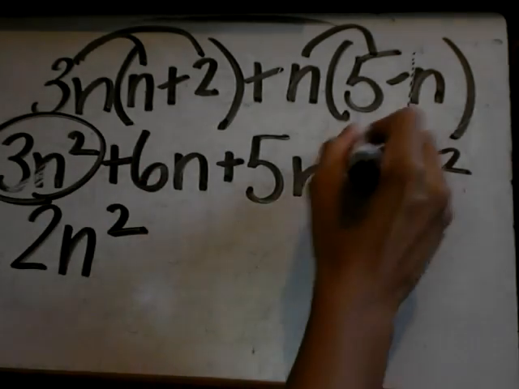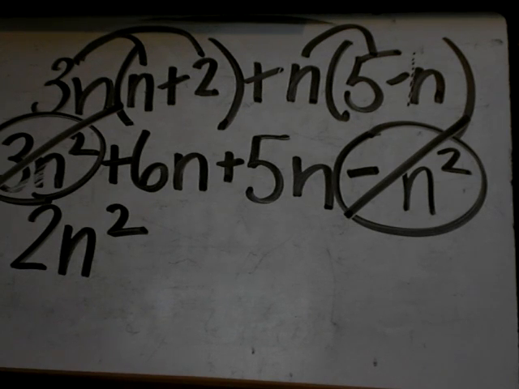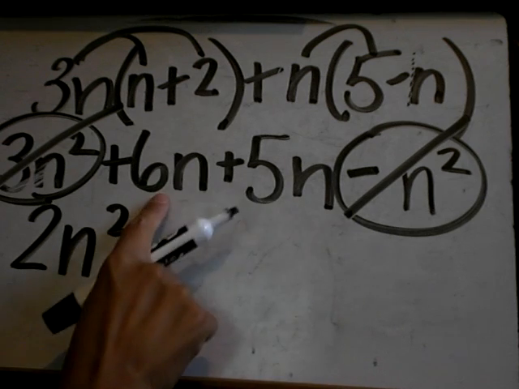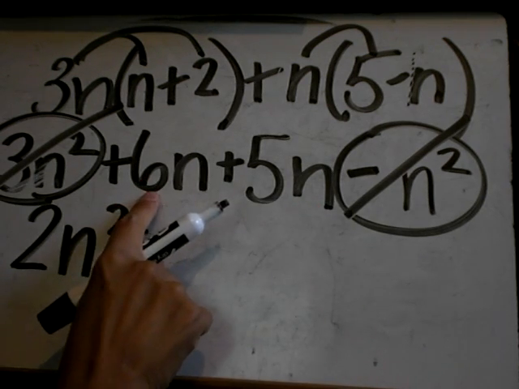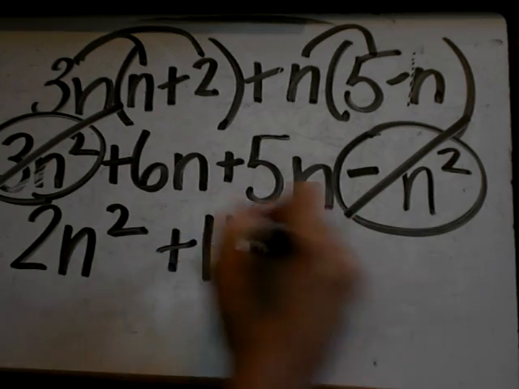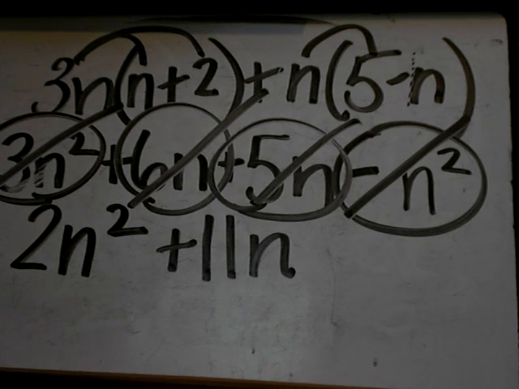If it helps you out, circle it and cross it out. Then we have 6n and 5n. They're like terms too, so 6n plus 5n is positive 11n. So there you go, we simplified.